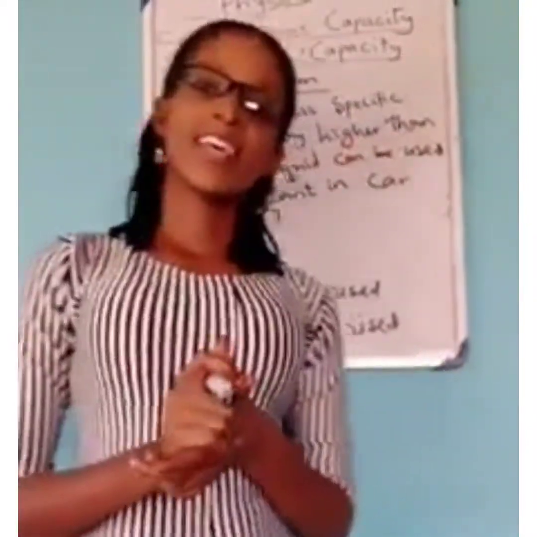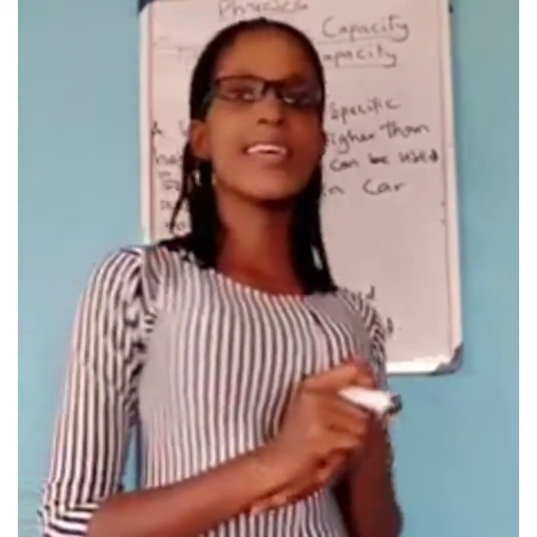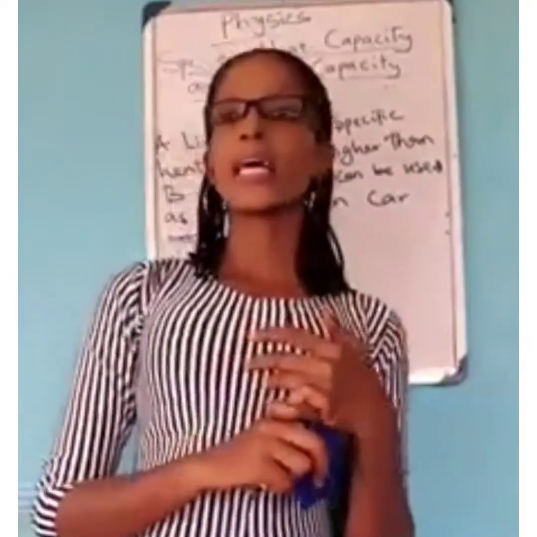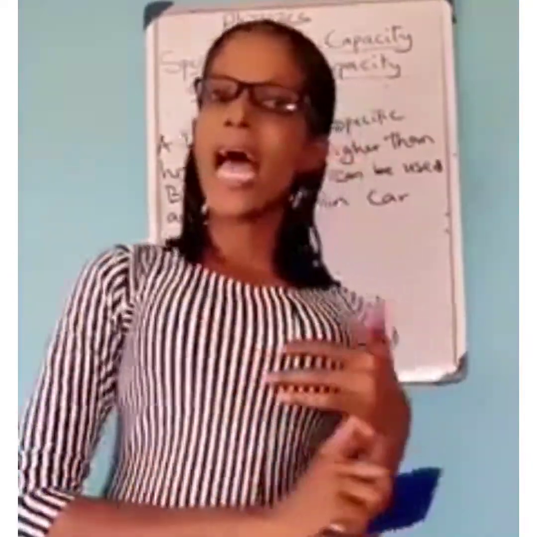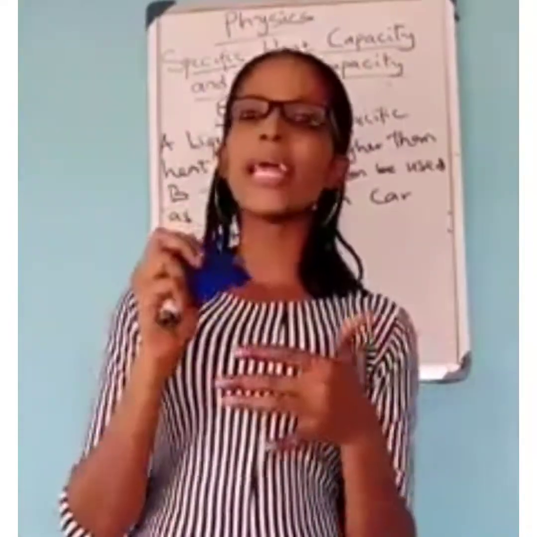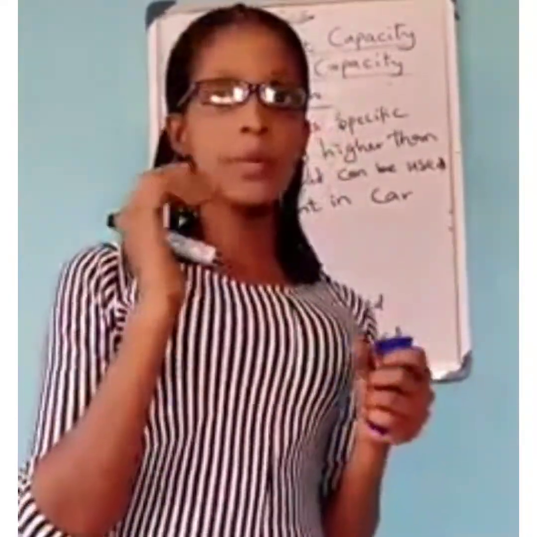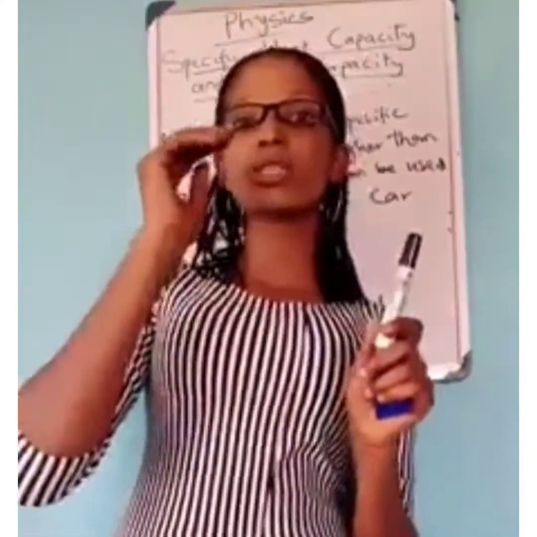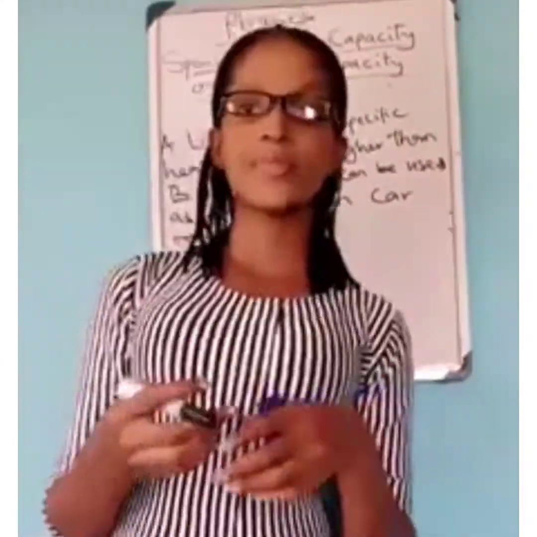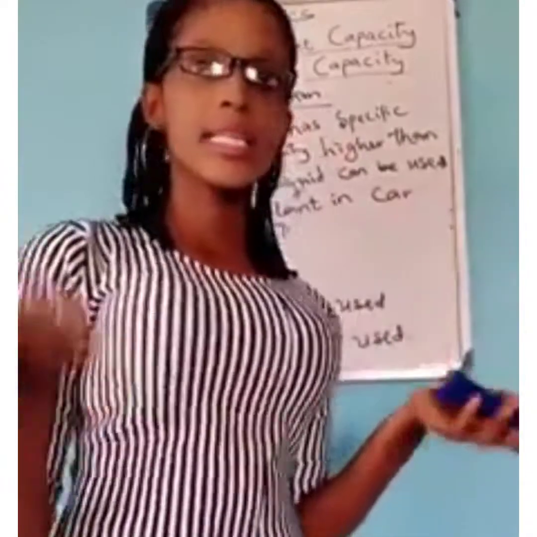So friends, if you have actually understood me, a substance or a body which has high specific capacity will take a longer time to heat up, because it takes a longer time to raise just a unit mass of that body, such as water and oil.